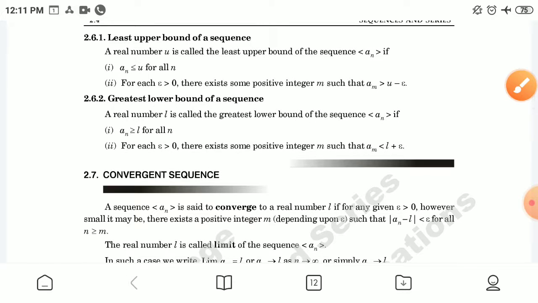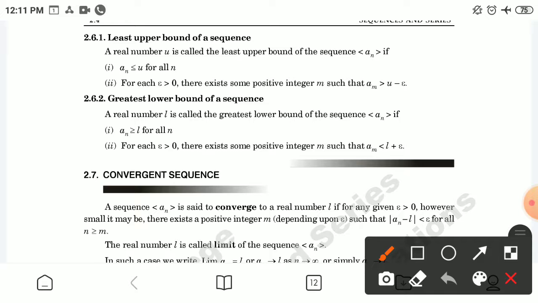Now the next definition for least upper bound of a sequence. A real number u is called the least upper bound of the sequence {a_n} if a_n is less than or equal to u for all n. And the second condition is for each epsilon greater than 0 there exists some positive integer m such that a_m becomes greater than u minus epsilon.